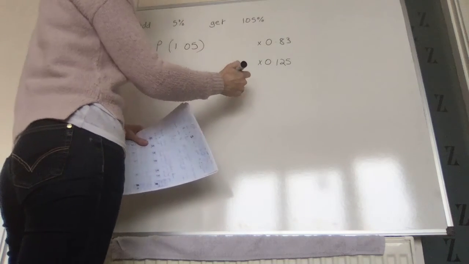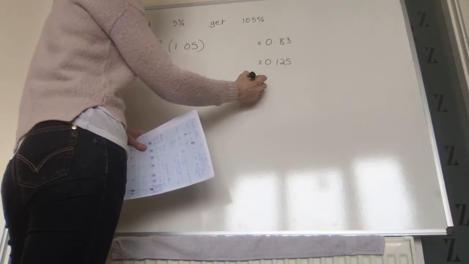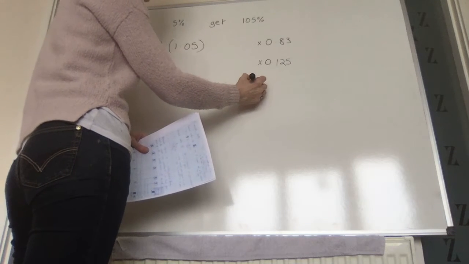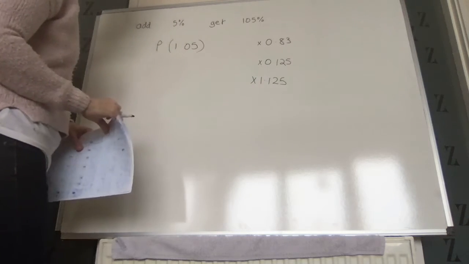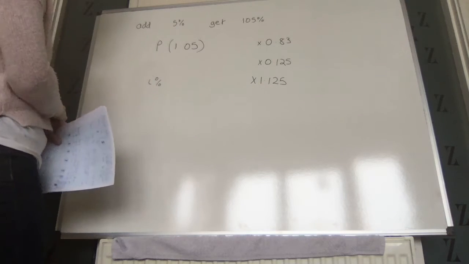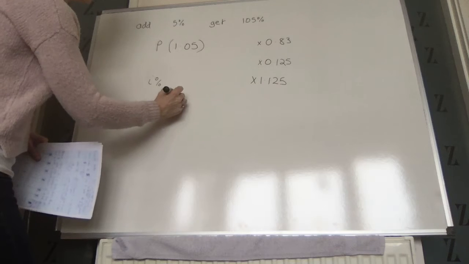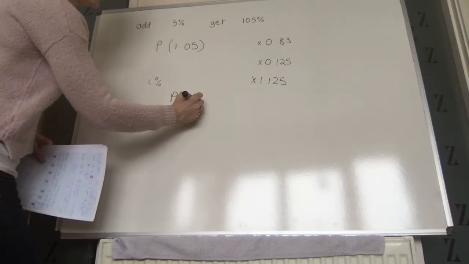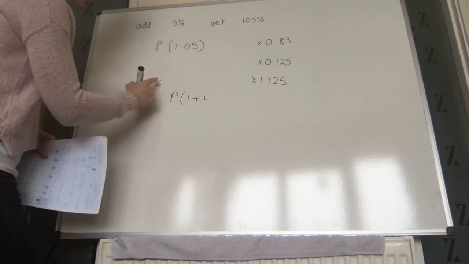To add 12.5% onto a number, that means you're finding 112.5%, which means you multiply by 1.125. Okay, so to add I% onto a number, you must multiply the number by 1 plus I as a decimal.